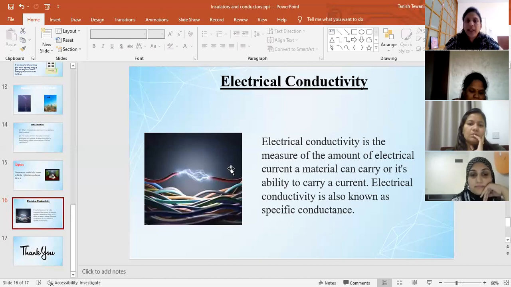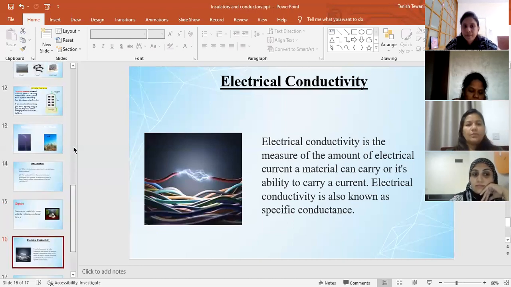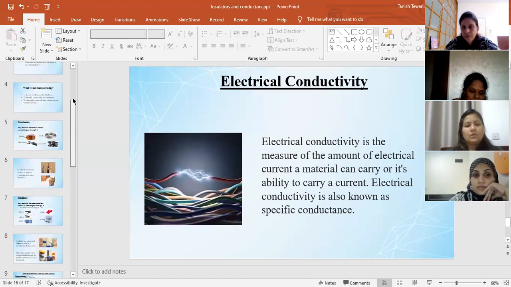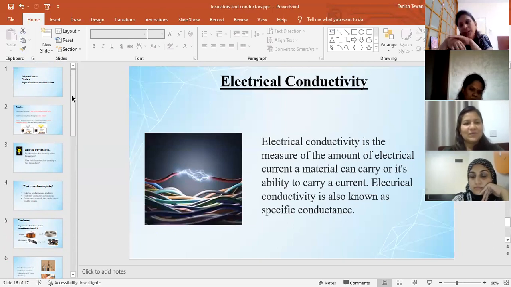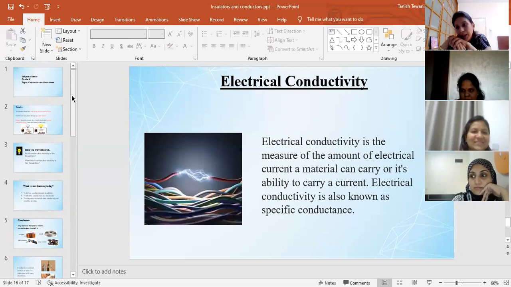Yes, ma'am. Okay, so what have we learned today? We have learnt about conductors and insulators. Babli, can you tell me any 2 conductors at your home? Any 1 conductor at your home.